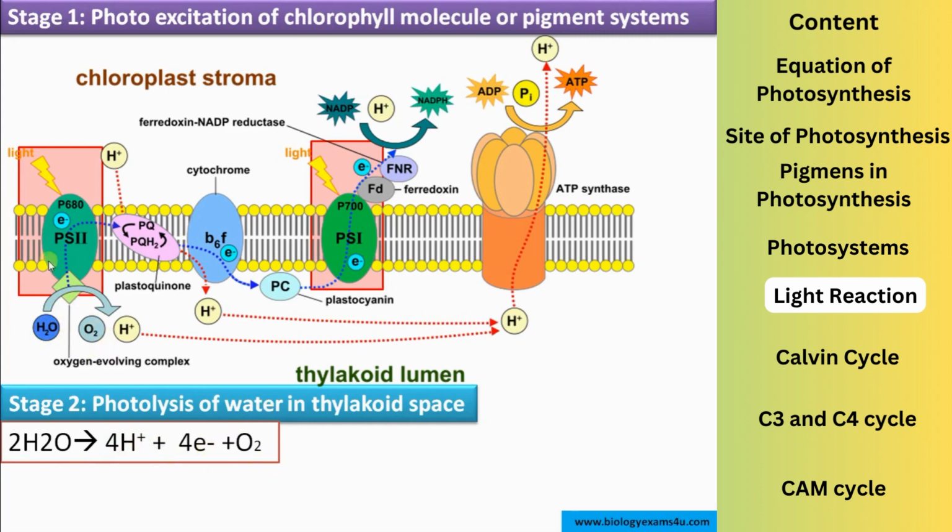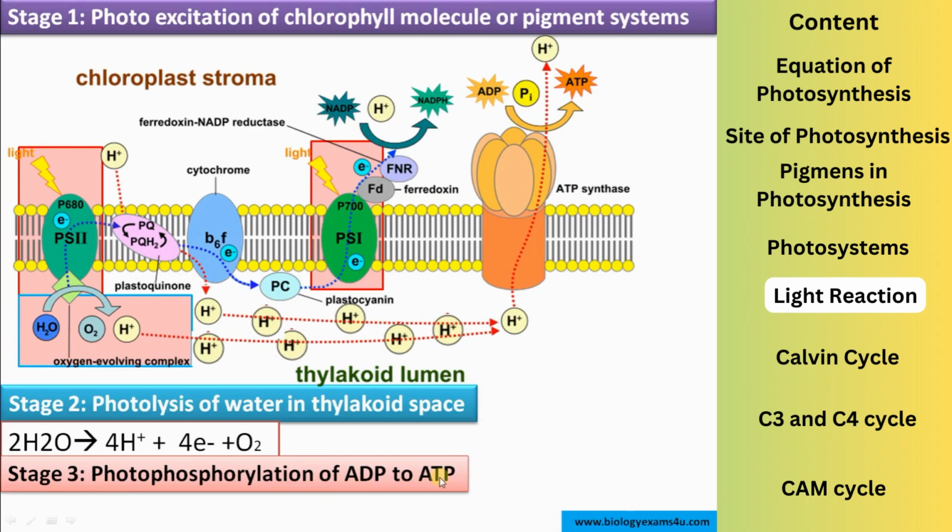These electrons refill photosystem 2. Protons help in creating a gradient in the thylakoid lumen, and oxygen is released, which is the oxygen released during photosynthesis. So stage 2 is the photolysis of water in the thylakoid lumen, which refills the lost electron in the photosystem and also contributes to creating the proton gradient.